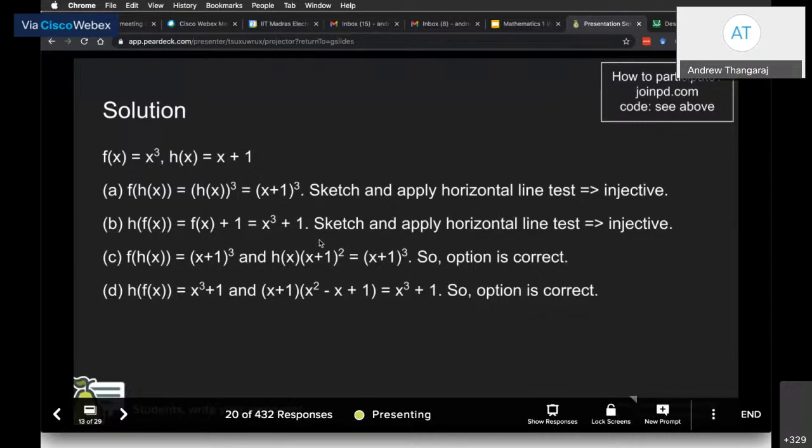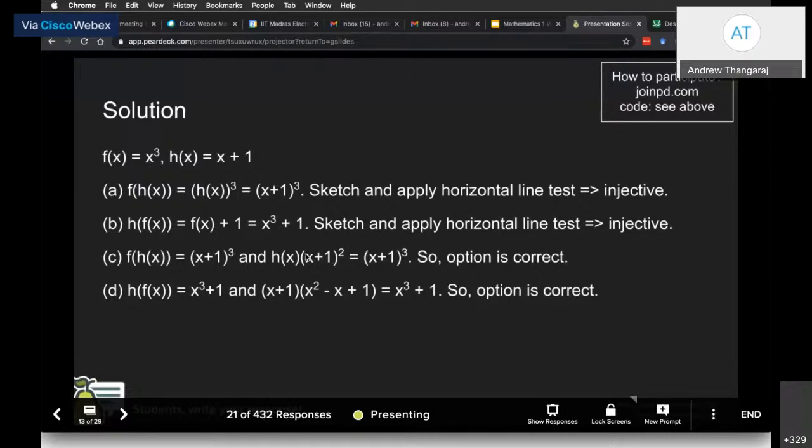The next two options are just some sort of algebraic identities. So it asked you to check whether f of h of x equals h of x times x plus 1 whole square. Okay. So you can evaluate both, right? F of h of x is x plus 1 power 3. H of x times x plus 1 whole squared is also x plus 1 power 3.